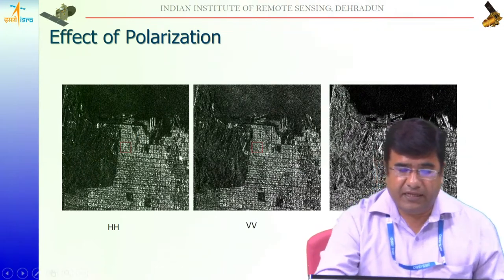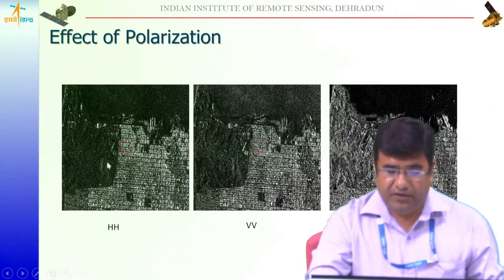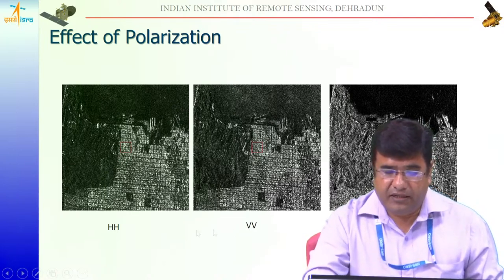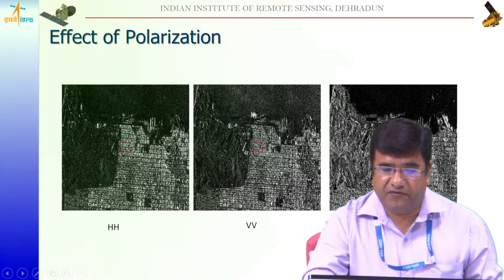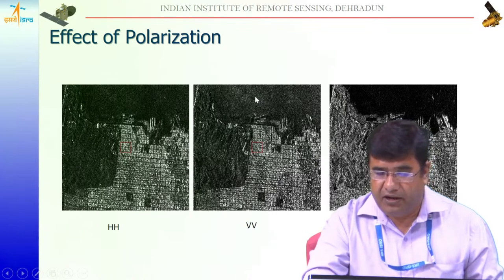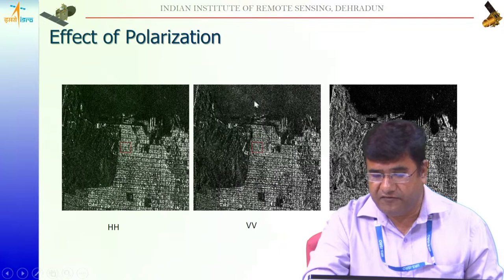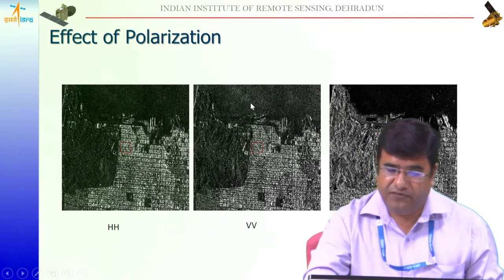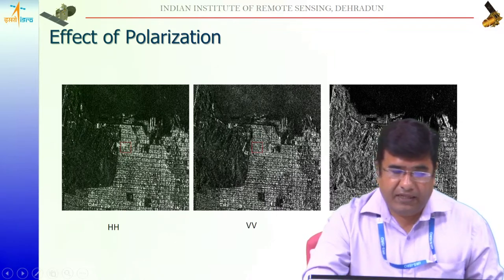So you can see there are three images, one is HH, one VV and one HV. In this case, in the HH and VV, this ocean surface is appearing rougher as compared to HV polarization, because the vertical component of the ocean surface is enhanced in the VV polarization due to the winds, and this has the vegetation.